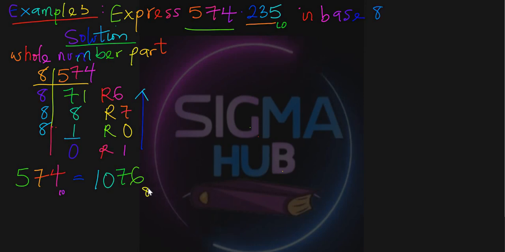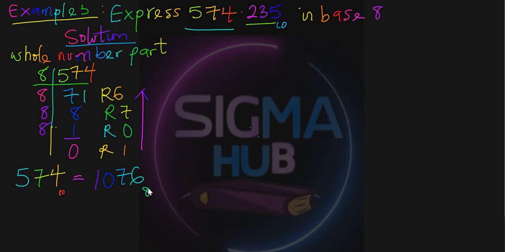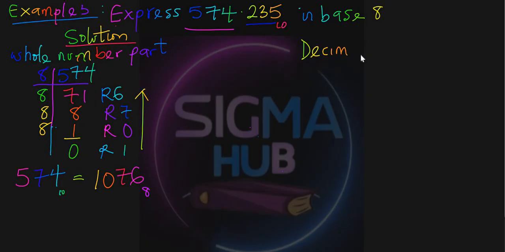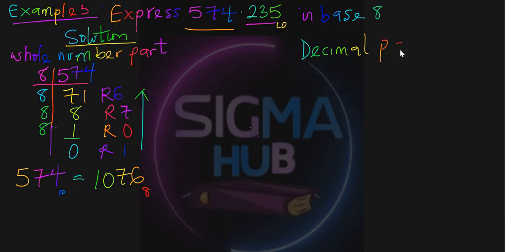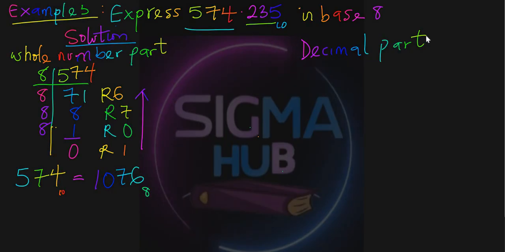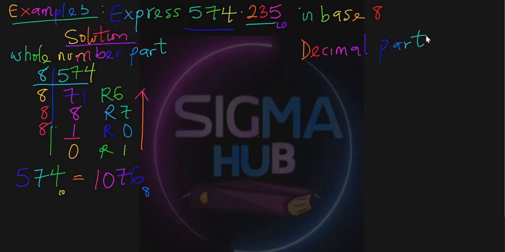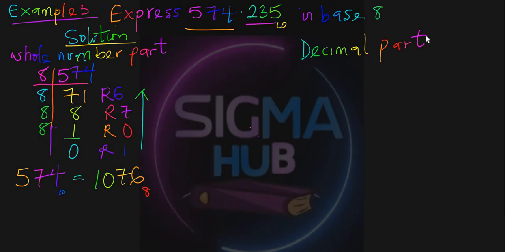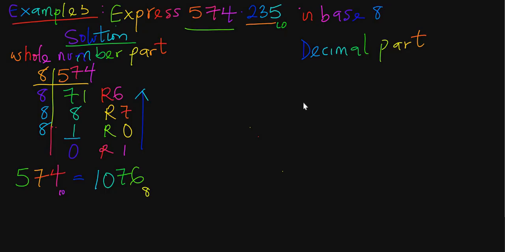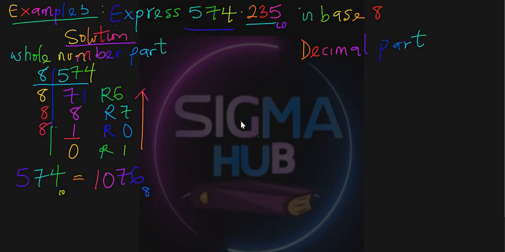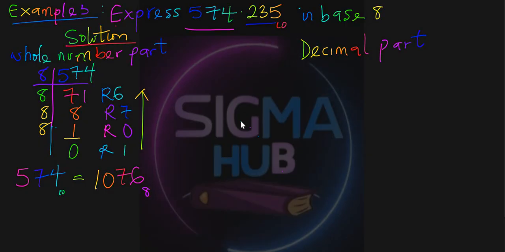Now, the decimal part. So let me write it here. So what do we have for the decimal? When you have a situation like this, for the whole number part, we divided all through by 8, since 8 is what we want to convert into.